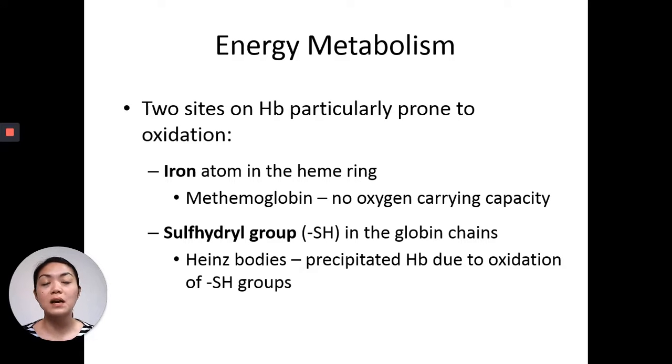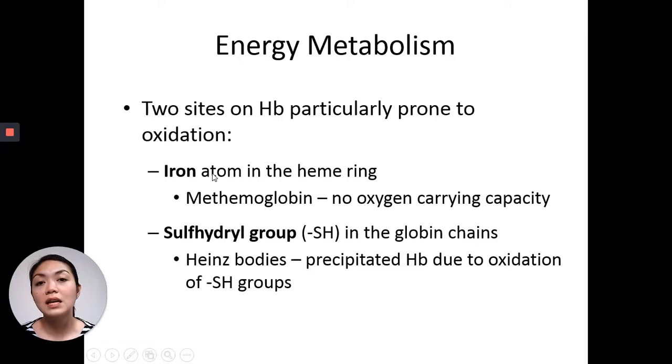Let's focus on iron. For your red blood cells to effectively transport oxygen, the iron should be in the reduced or ferrous state. But after it delivers the oxygen, it becomes oxidized in return, so it transforms to the ferric state, or Fe3+.